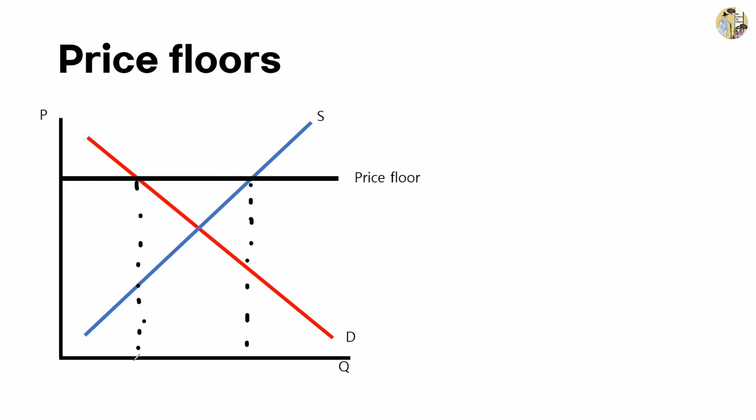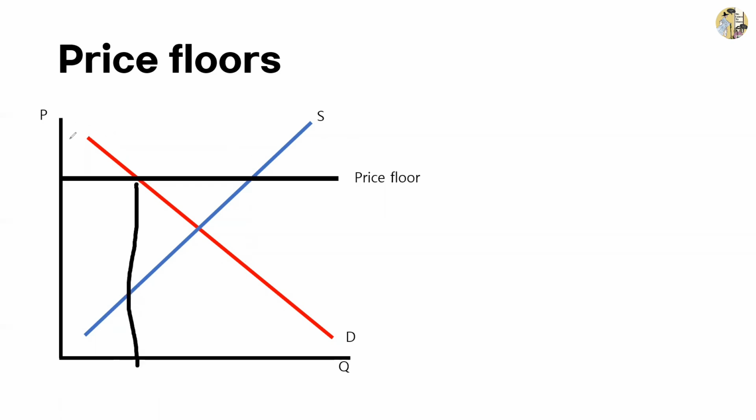And that is very simple. You can't just sell something nobody wants to purchase. And at this price, consumers are only willing to purchase at this quantity. So no matter how much the suppliers want to sell, they can't at this certain price floor. So the quantity of this market is going to be here.